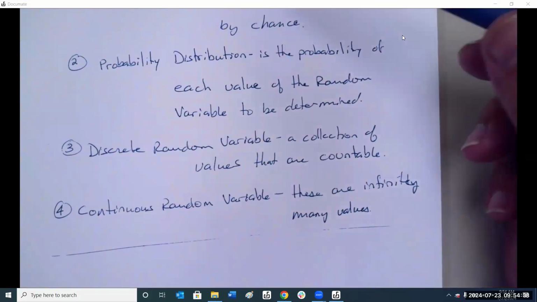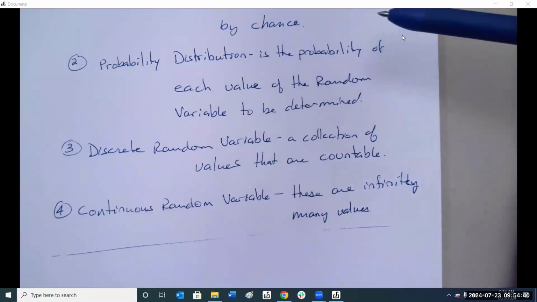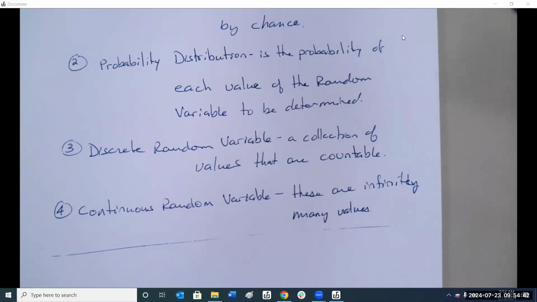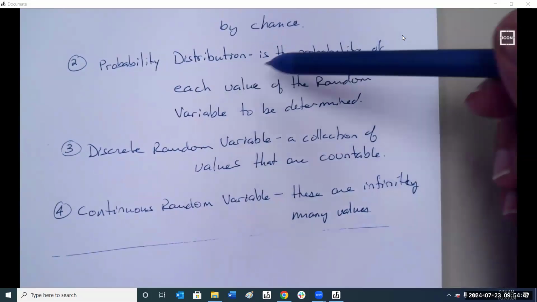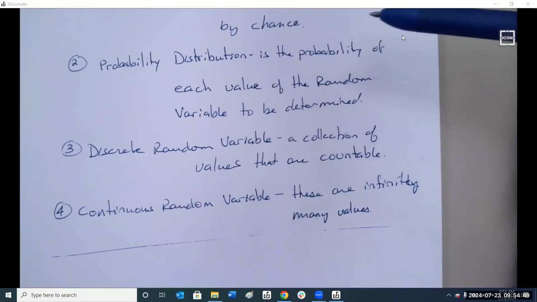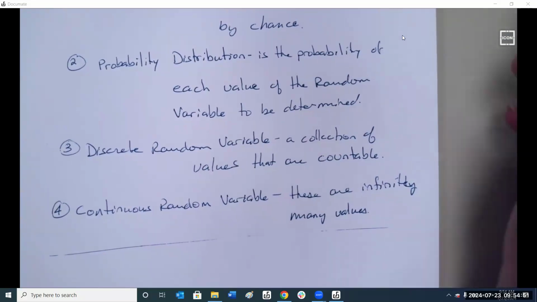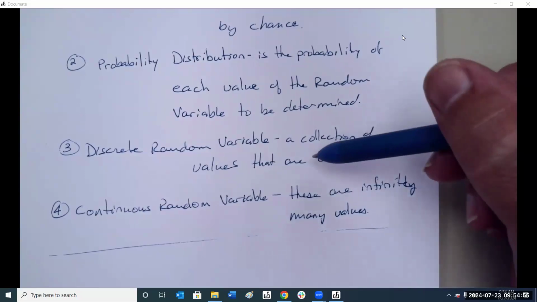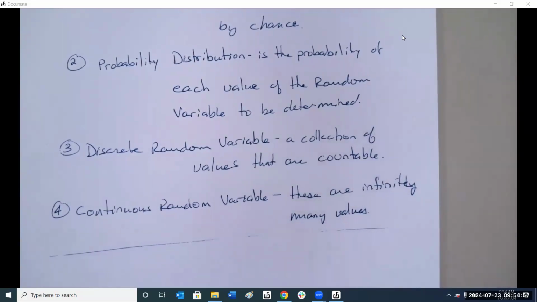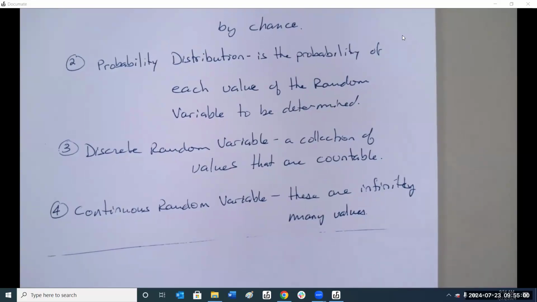So, a random variable is a numerical value that's determined by chance of each event that we do. The probability distribution is the probability of each value of the random variable being determined. It's a complete list of all of them. The discrete random variable is a collection of values that are countable, and continuous are the collection of values that are infinite in value.